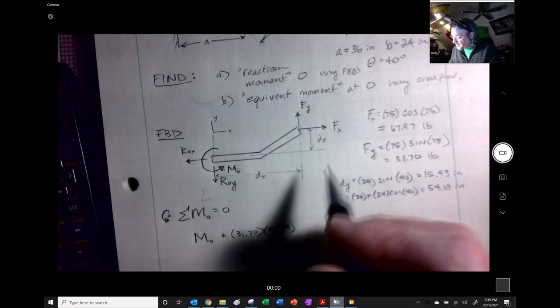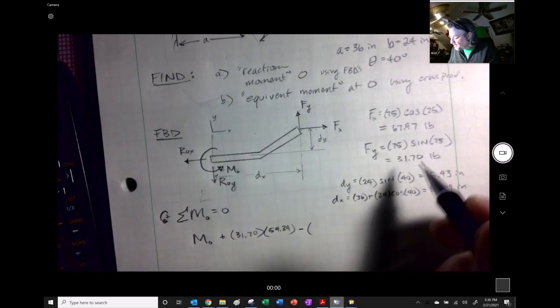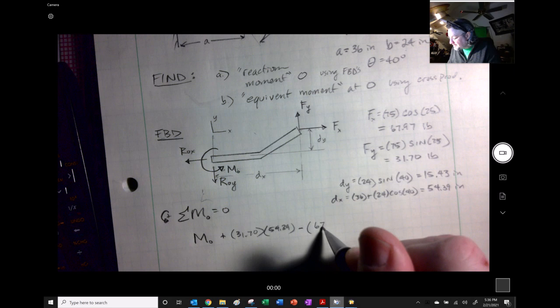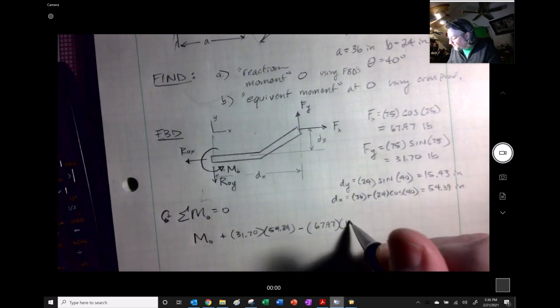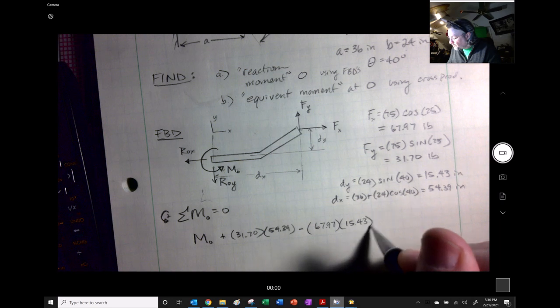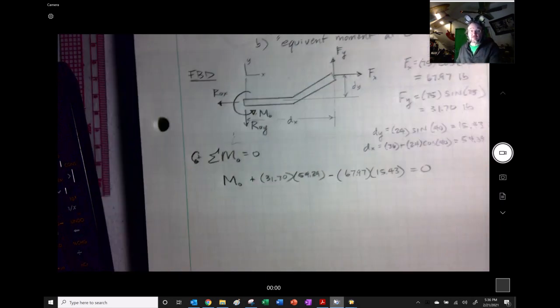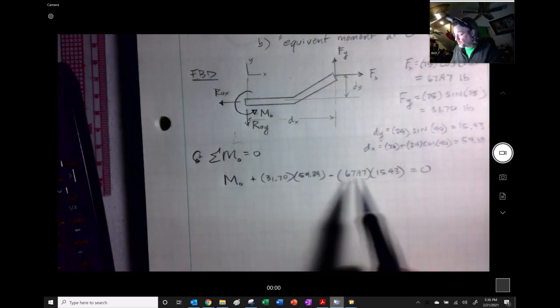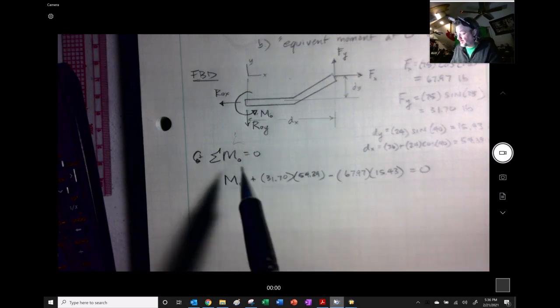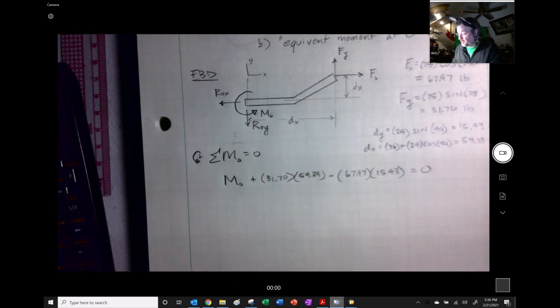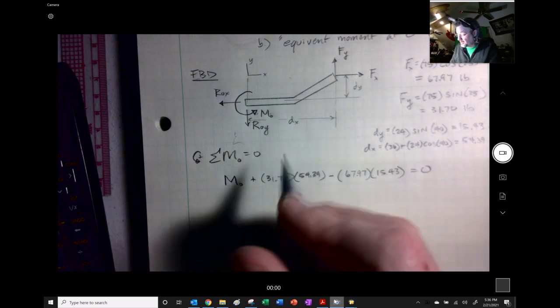That Fx is making it go clockwise, so it's negative, 67.97, times 15.43, and it equals 0, right? So I'm writing this whole equation down here. I'm summing up all the things that are applied on there, including the reaction, and they should all balance out.